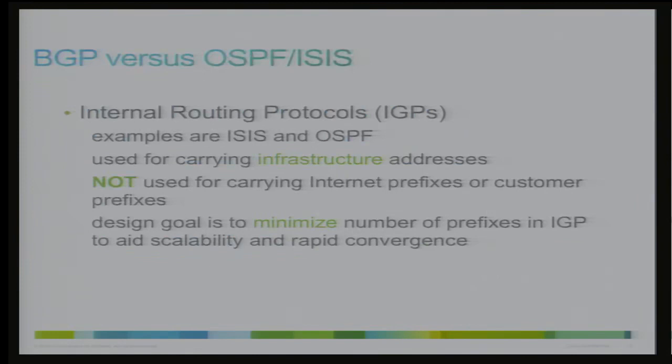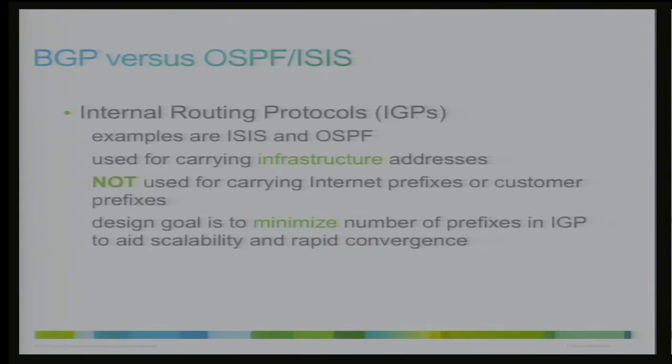So IGPs, an example is ISIS or OSPF. Those are the two widely used IGPs by network operators. The reason for that is they scale better than the other distance vector protocols such as RIP, and they have a lot more features, including support for traffic engineering and a number of other features that are not available on the other routing protocols.